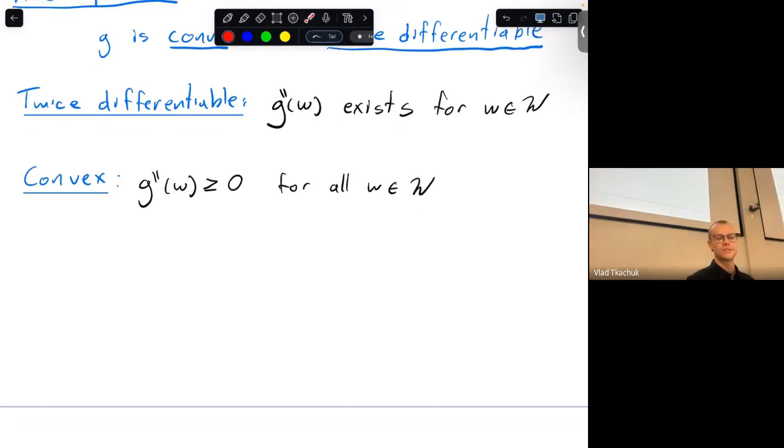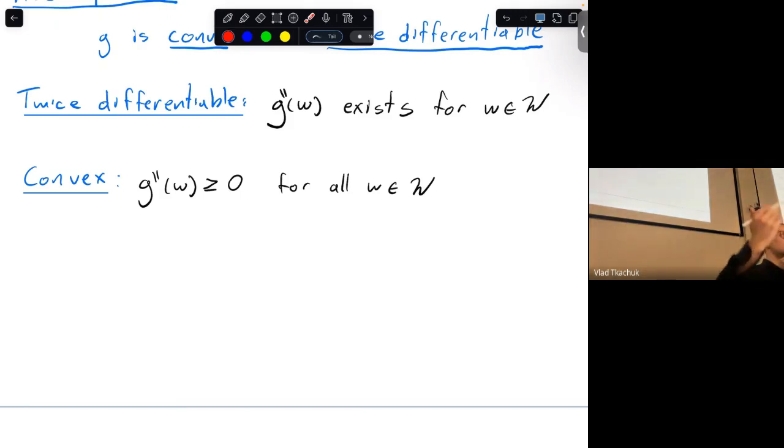You're going to need to test this occasionally for some problems. The intuition should be that G of W, your function, looks like a bowl in one dimension or two dimensions, or if you have a higher dimensional one, you can take its slices and so on.